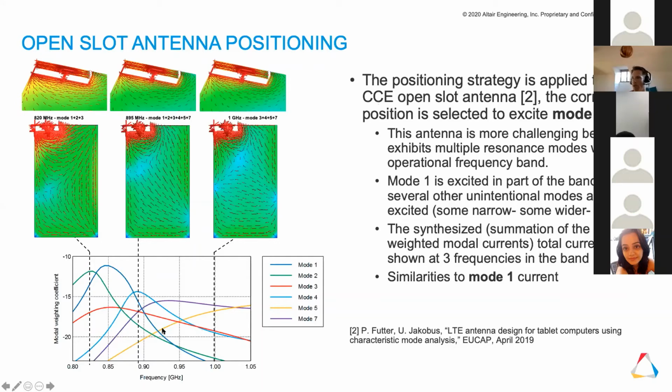So we see multiple modes are excited, with mode 1 being the intended mode, and these other modes, again, as we go up in frequency, more modes being resonant. And again, we can perform our modal current synthesis to show kind of the expected behavior throughout the bands there.